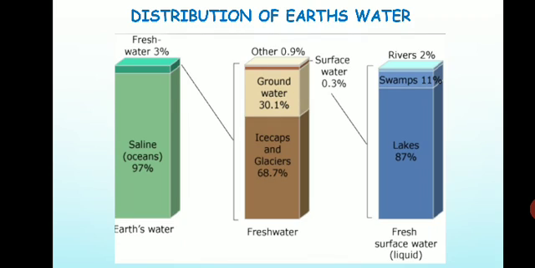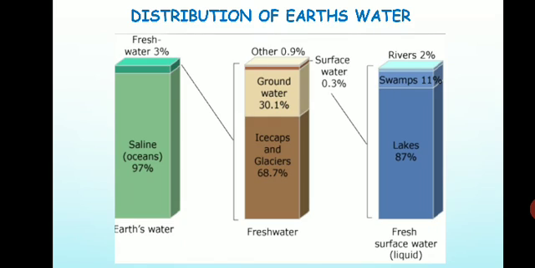Then we'll see how the whole water present on the earth is distributed. Here you can see the distribution of water on the earth's surface is extremely uneven.